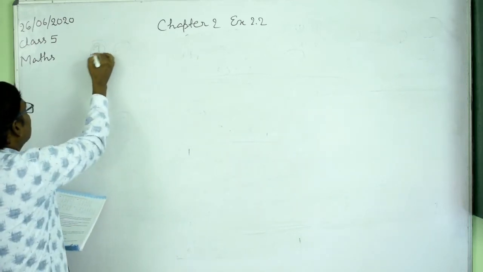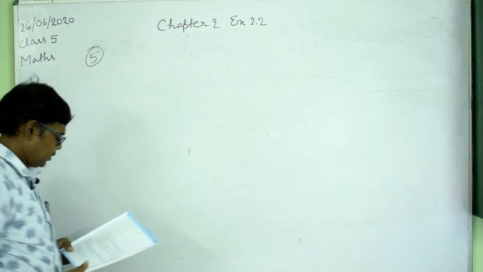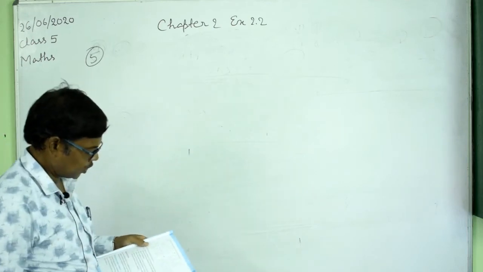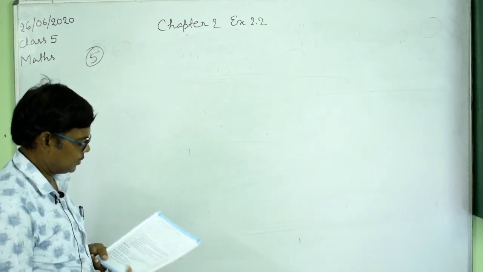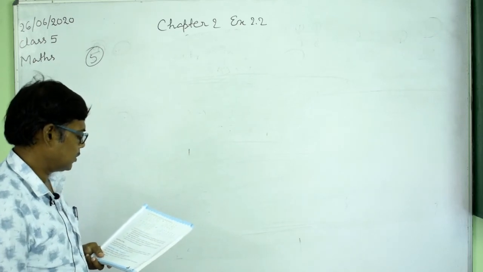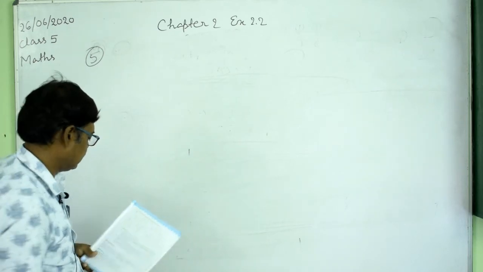Question number 5 B. The population of a town is 28,76,543.